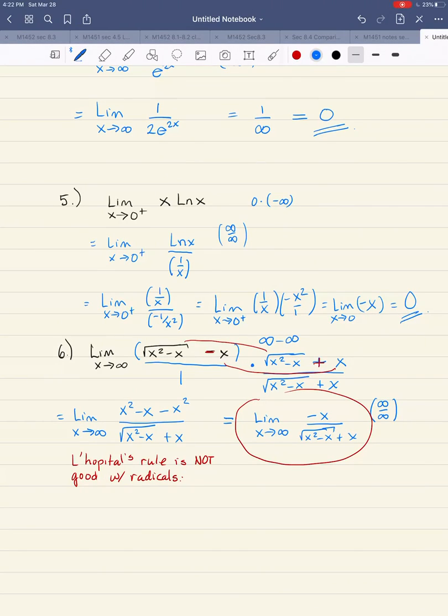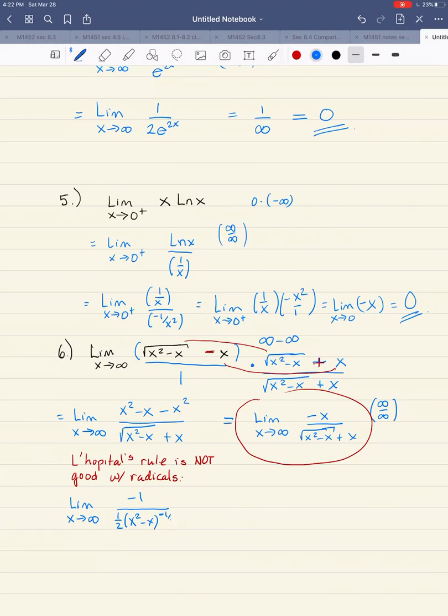I mean, I can try it, but I'm going to get a mess. So we're going to take the derivative of the top and divide it by the derivative of the bottom. The derivative of the top is easy enough. That's a negative 1.